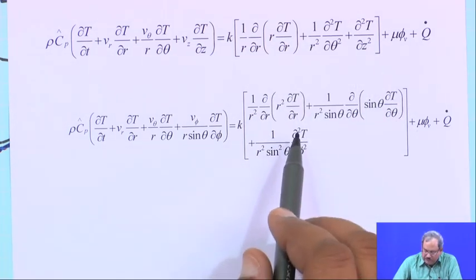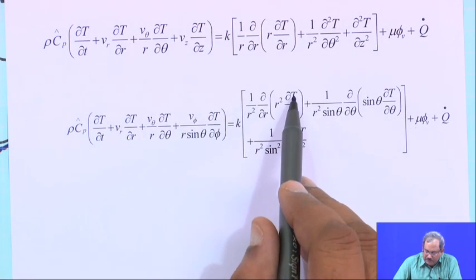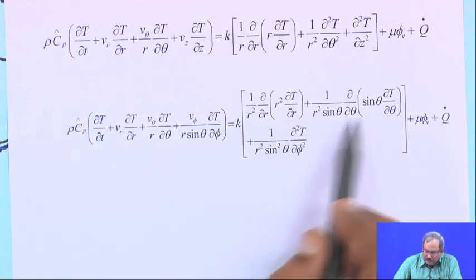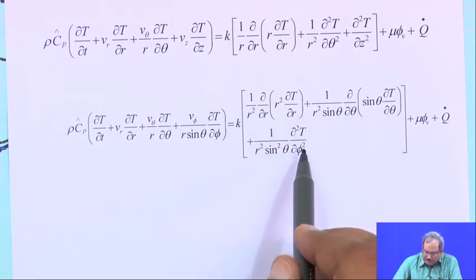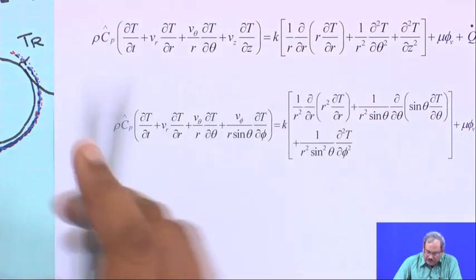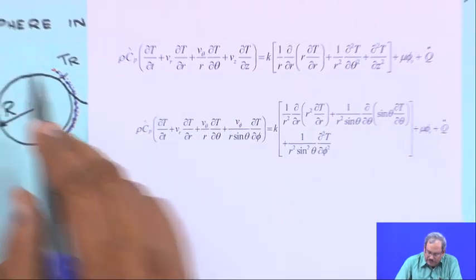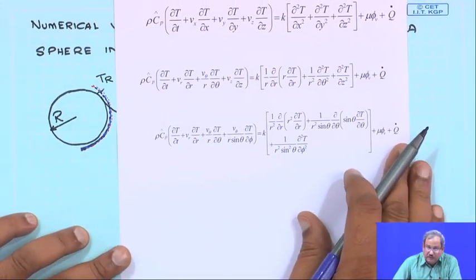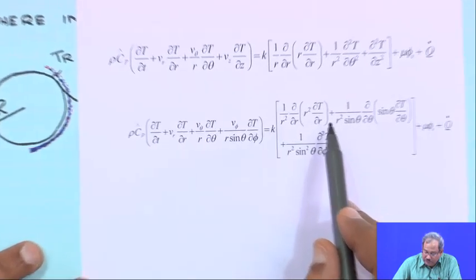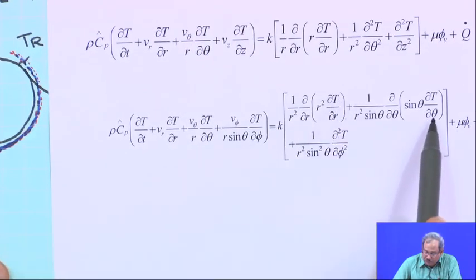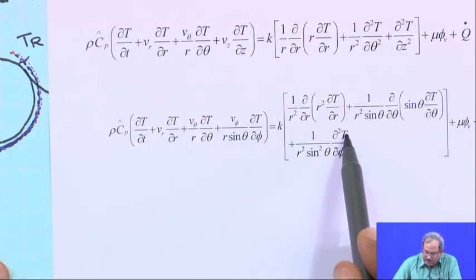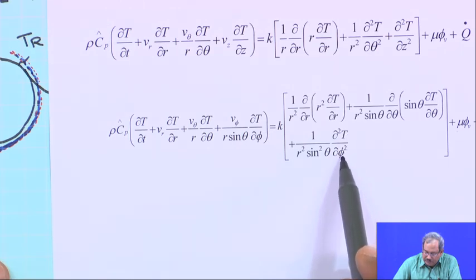Now, let us look at what is the variation of temperature with r, theta and phi. Obviously, in the shell that we have drawn over here, there is going to be no dependence of temperature on theta and no dependence of temperature on phi.